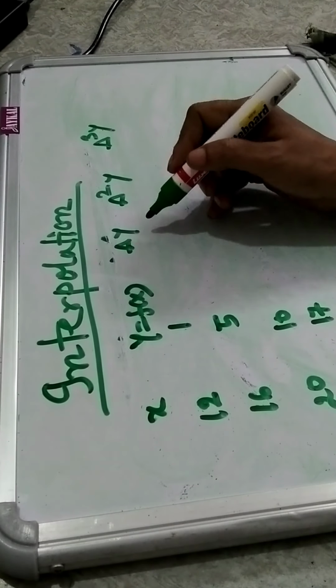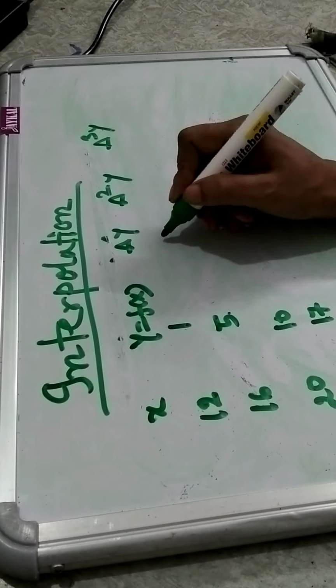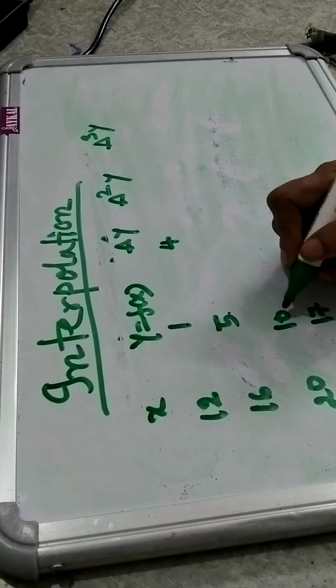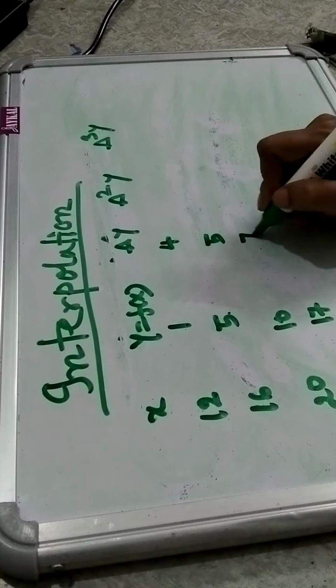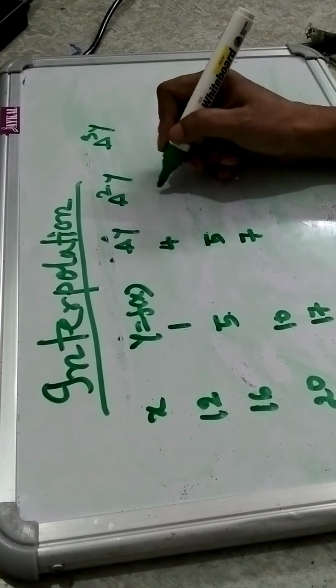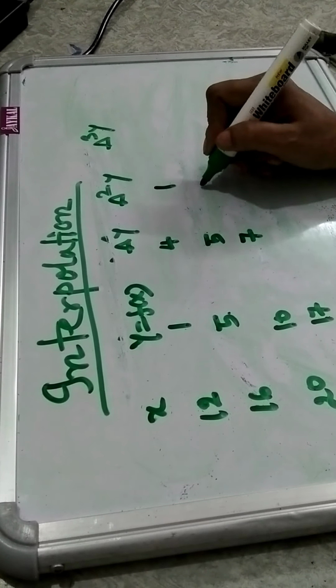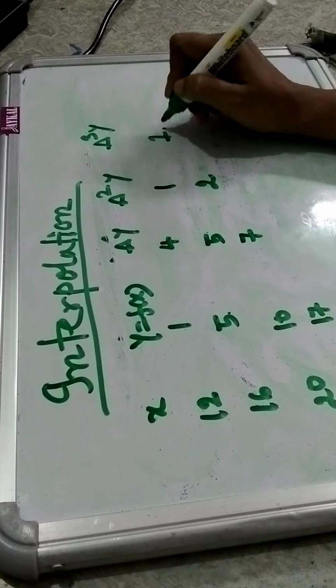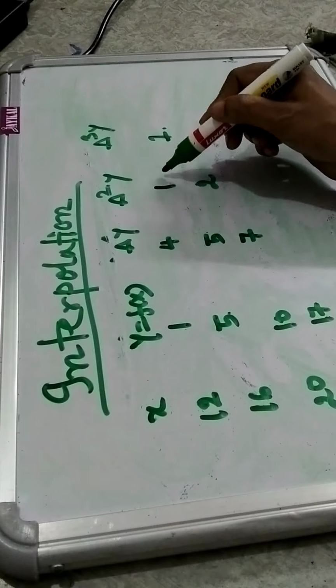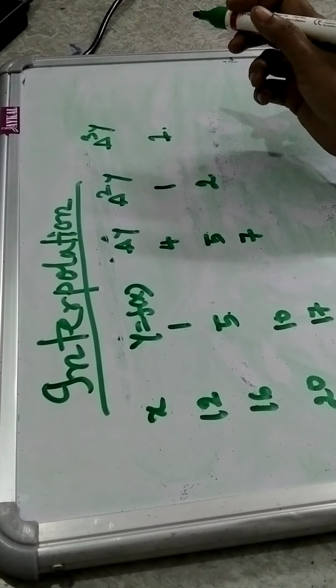For delta y: 5 minus 1 is 4, 10 minus 5 is 5, 17 minus 10 is 7. Next, 5 minus 4 is 1, 7 minus 5 is 2, and then 2 minus 1 is 1. And these are the leading terms 1, 4, 1, 1.